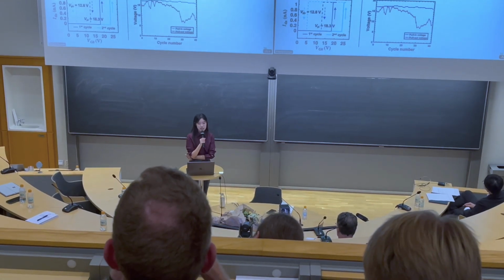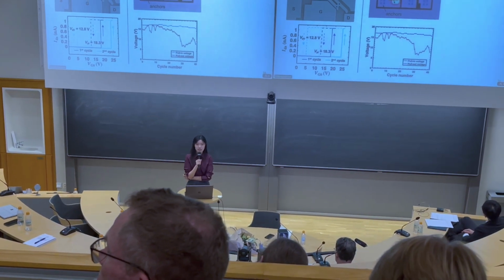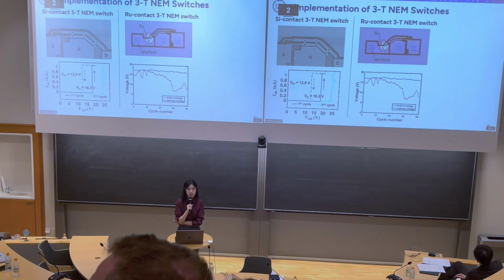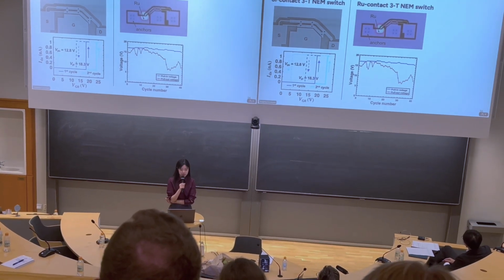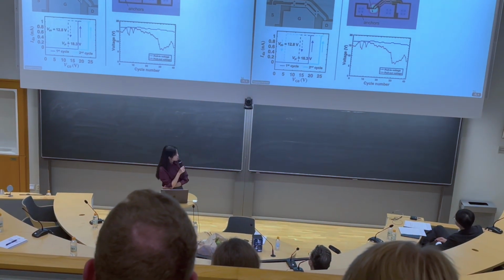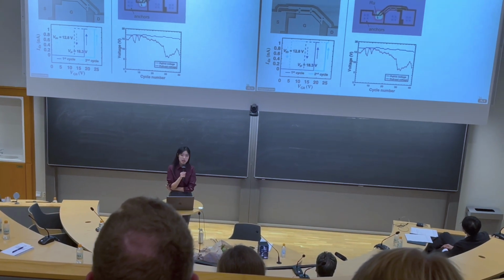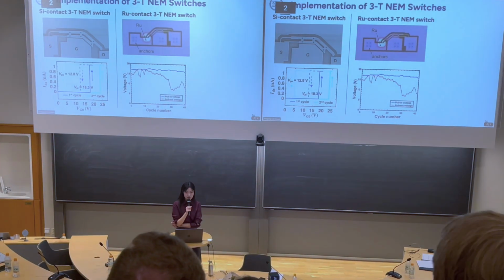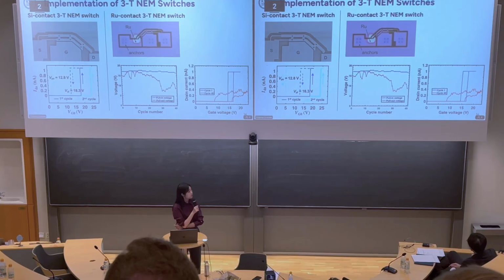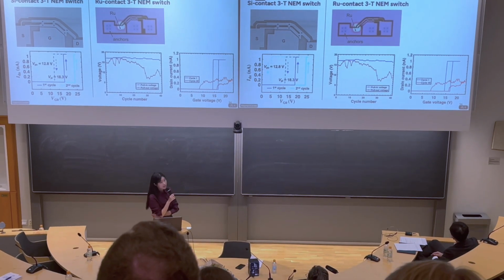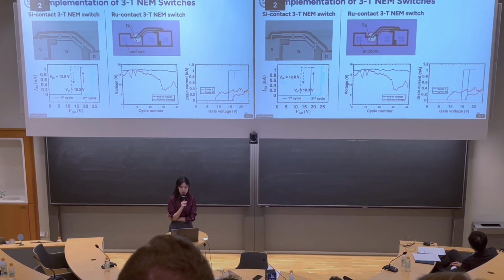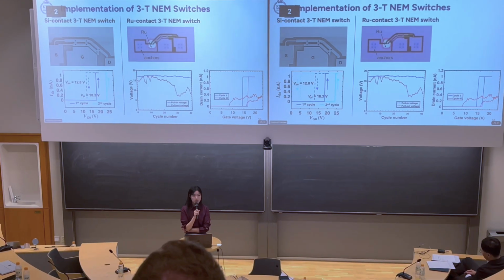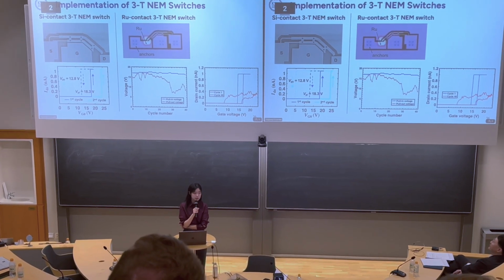We didn't see the extinction failure during the extended cycling. What we see is the signal degradation. Here I show 40 cycles, but the switch is switchable for more than hundreds of cycles. The blue line is for the first cycle, and you see the current can reach the current compliance we set as 1 nanoamp.